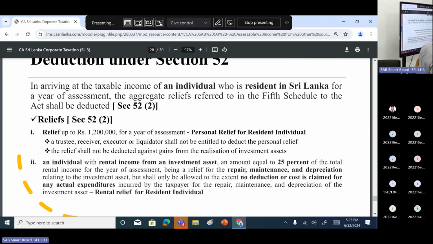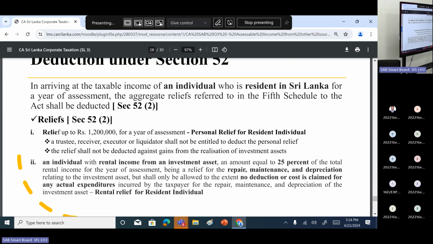As well as a resident individual, a citizen who is non-resident is also entitled to this 1.2 million. Remember, a Sri Lankan citizen who is non-resident is also entitled to the 1.2 million personal relief. That's why when we discussed the interest exemption, they said that for citizens, up to 1.2 million is not final withholding.